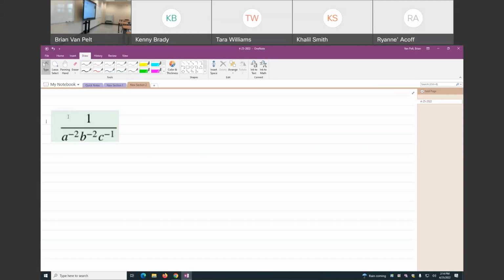Square C. That's it. You just move those things up to the top and that'll do it. And you can write C to the 1 if you want to, but that'll work.